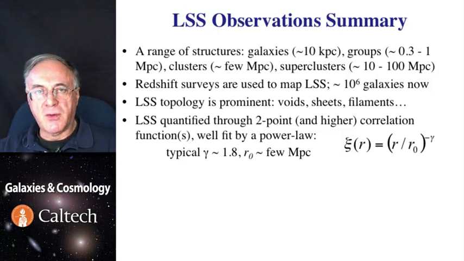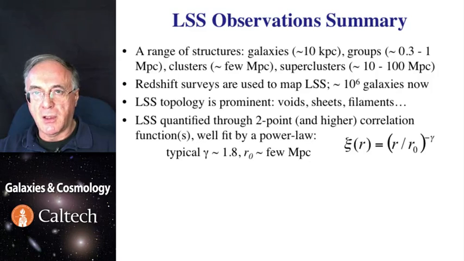The two-point correlation function has a fairly robust functional form. It is well represented, not perfectly, but well, over a large range of scales as a power law with slope of minus 1.8 in three-dimensional space. For galaxies, the normalization given through clustering length is of the order of 5 megaparsec or so.